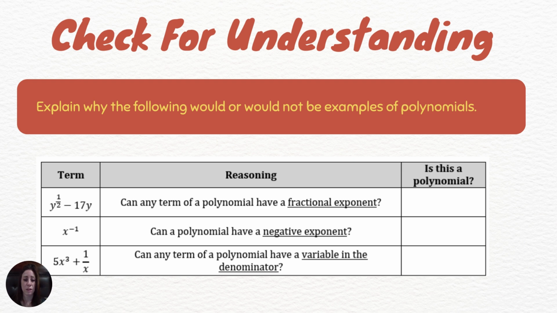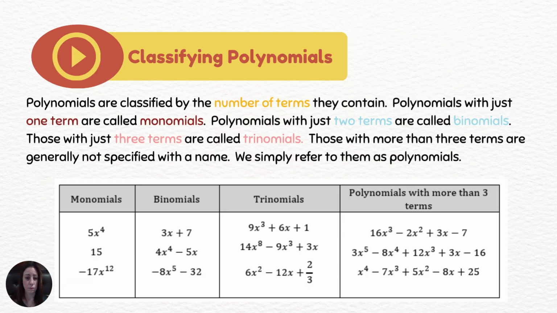The first one has a fractional exponent, and polynomials wouldn't be able to have a fractional exponent. The next one has a negative exponent. And the last one has a variable in its denominator. I went over what makes these examples non-polynomials, so students could understand what would be a polynomial and what would not.